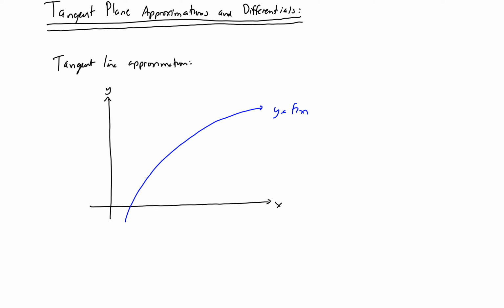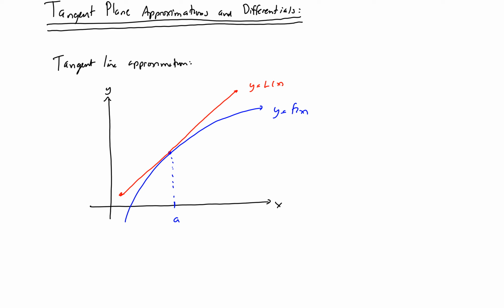of one variable, and I happen to have some point A where I know f of A and I know f prime of A, I can draw the tangent line here. And let's call this y equals L of x for the linearization.